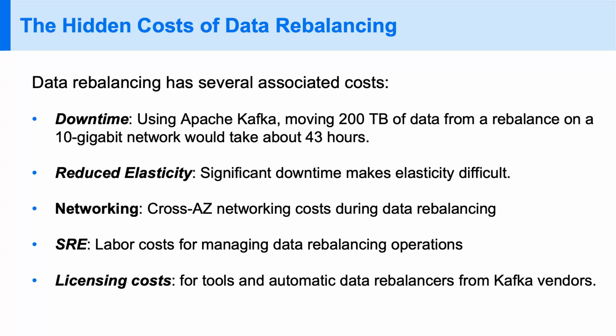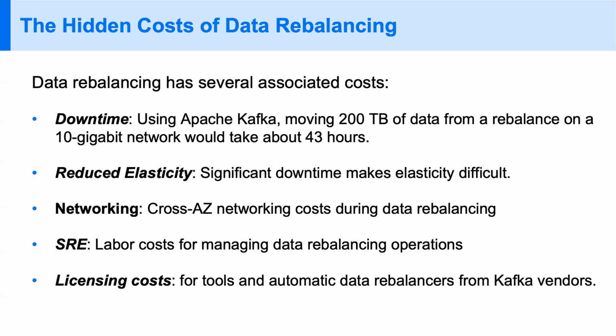I've seen published online where a large Silicon Valley company did a rebalance on one of their clusters and they were down for 12 days because of the sheer data volume, because everything freezes and everything has to be moved, right?